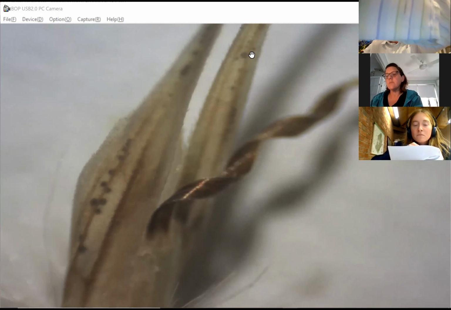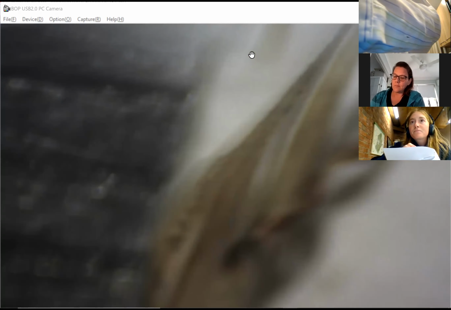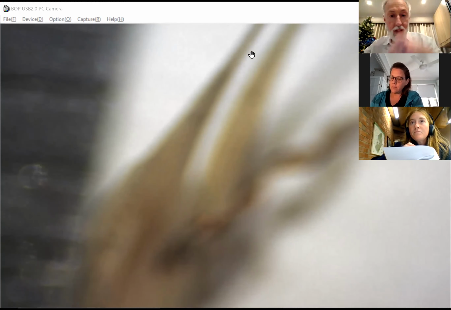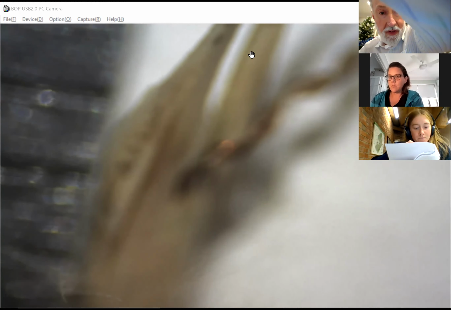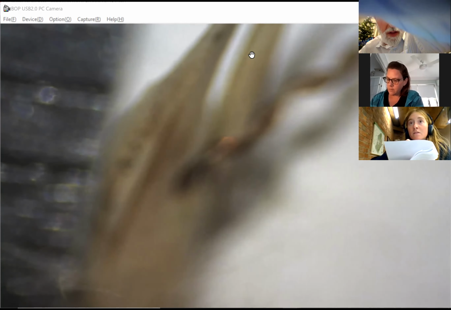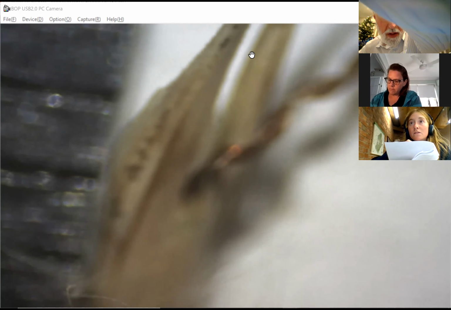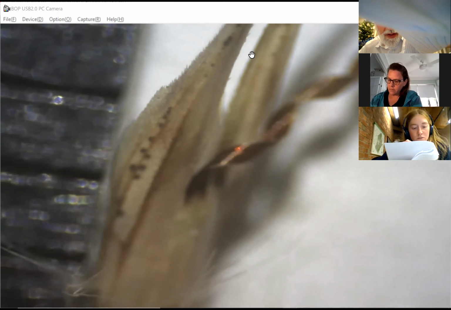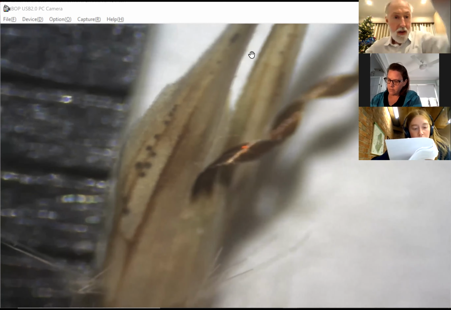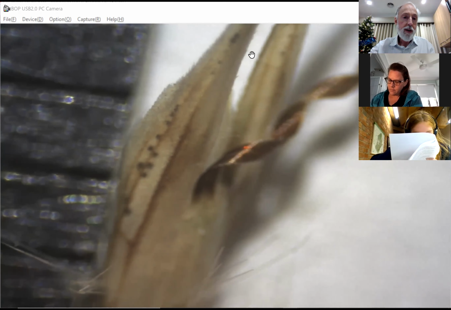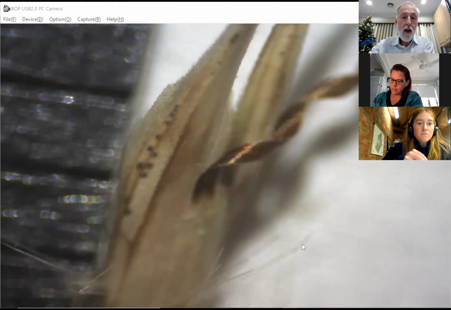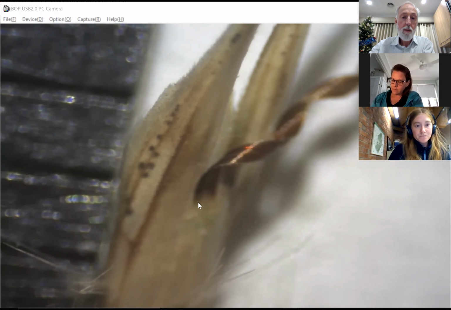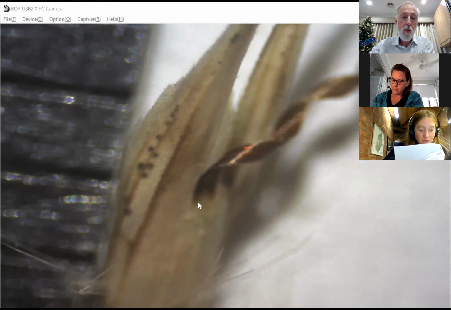I'm getting tangled in knots here with wires and everything, but I think I can do this. I've got to get the focus back. Okay, they are 1 millimeter gradations on the ruler on the left. And we're measuring from the base of that awn where the cursor is up to the top of the palea.